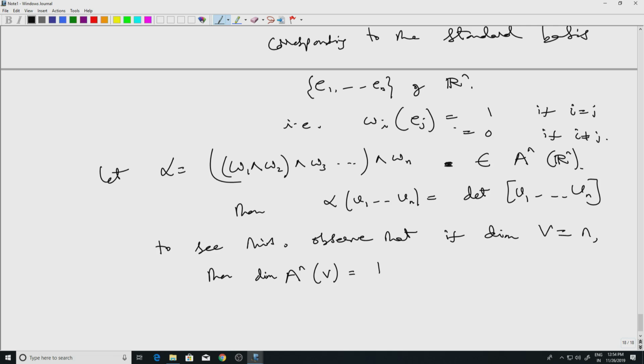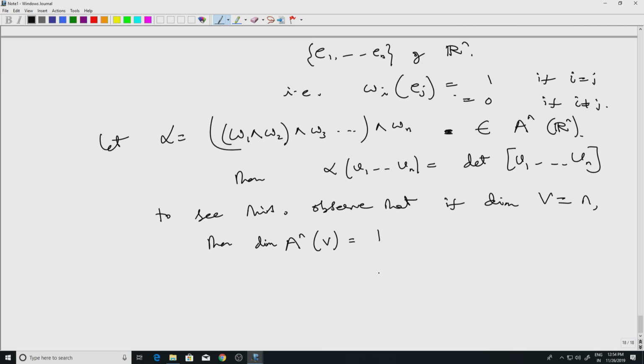So on an n-dimensional vector space, the space of alternating forms of degree n is 1-dimensional. And in fact, even though we don't need it right now, the dimension of A^k(V) equals 0. In other words, the only form contained in these spaces is the 0 form if k is bigger than or equal to n plus 1.